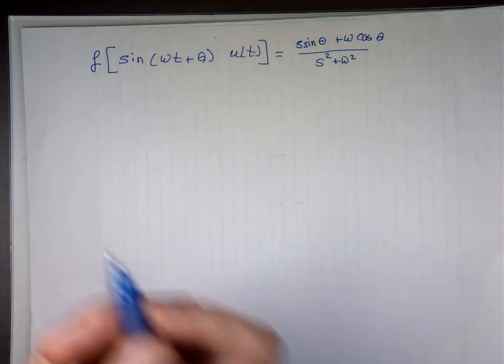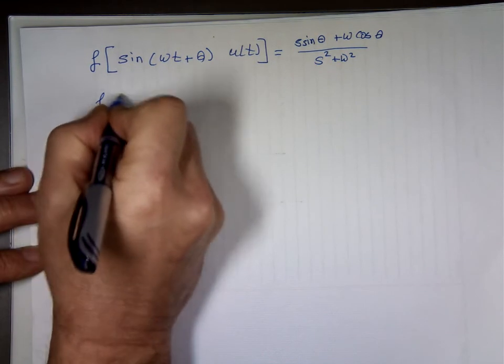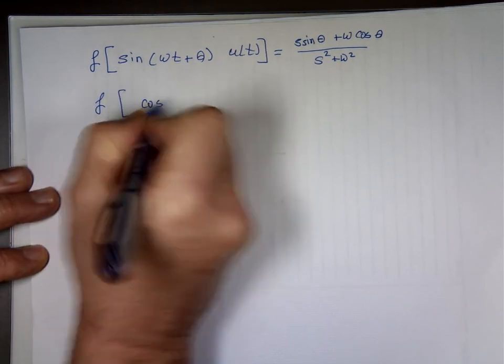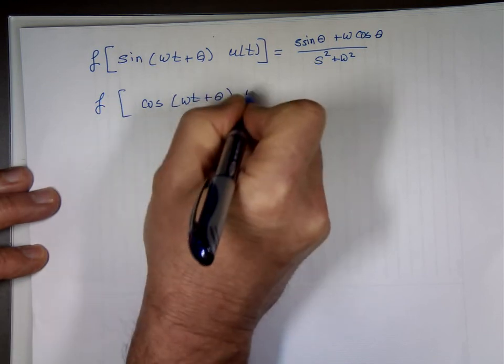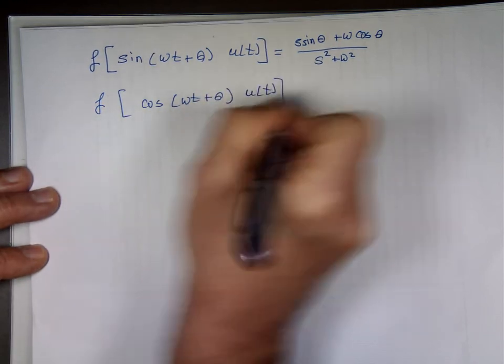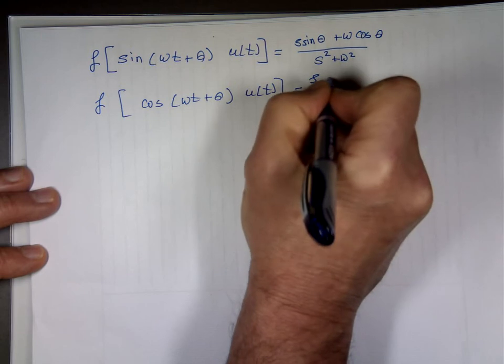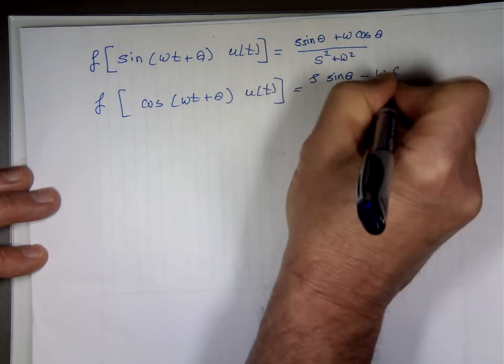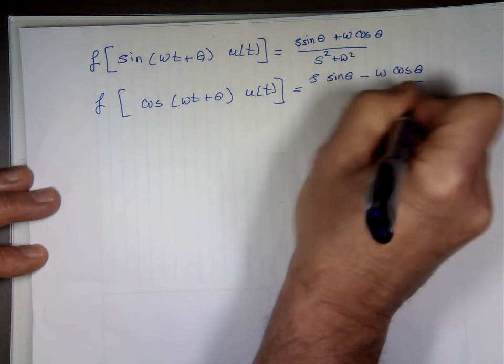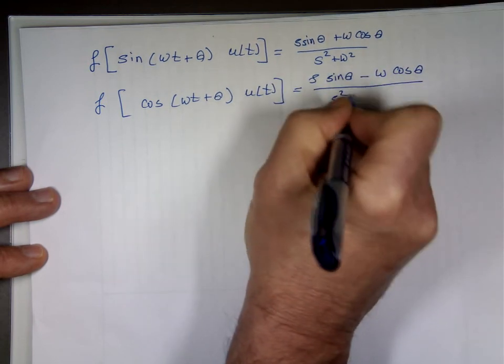And if this was actually a cosine, it's s times the cosine of theta minus w sine of theta over s squared plus w squared.